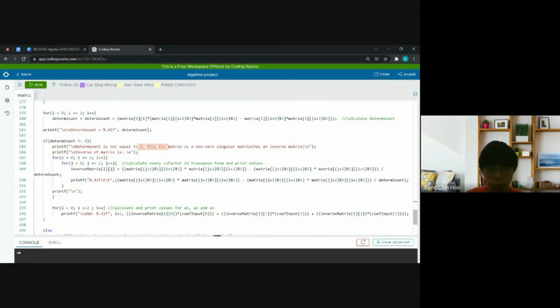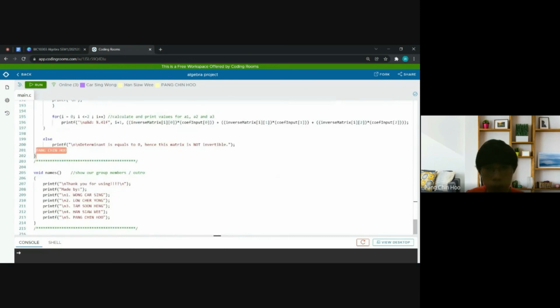Then it will show the inverse matrix of the input that we keyed in. If the determinant is equal to 0, it will print that this matrix is not invertible.